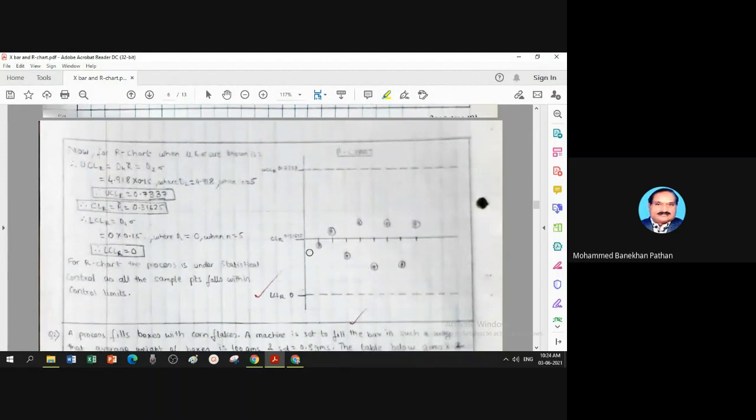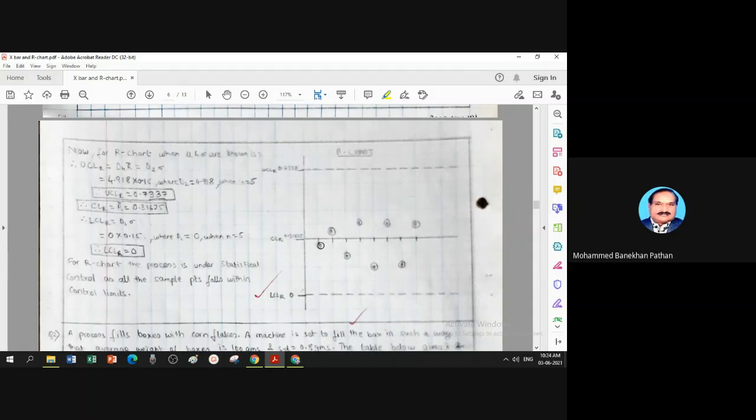It is observed that almost all the points are within the limits. So from the R chart, the process is under statistical control, as all the sample points fall within the control limits. But if you look at the criteria for detecting lack of control, these points are very close to the central line, so there is a little doubt in the mind whether the process is free from variation or not.